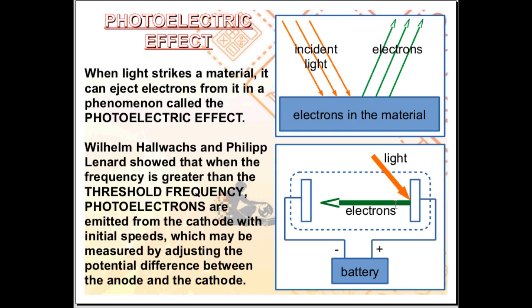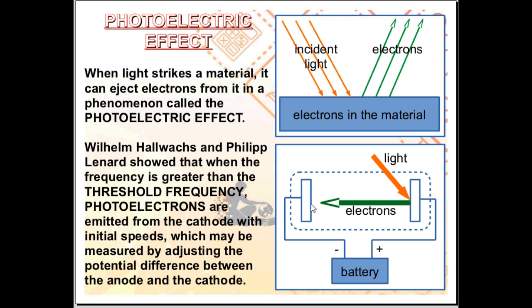The positive side will attract the electrons, the negative side will repulse the electrons. Eventually, there will be a value for the potential wherein the electrons are no longer able to reach the other electrode.